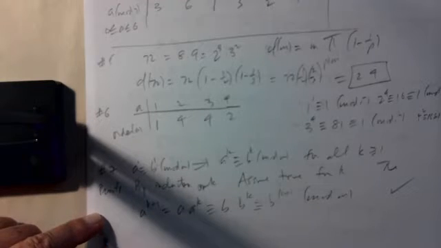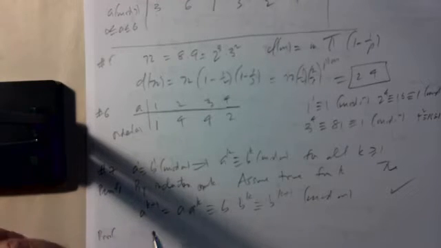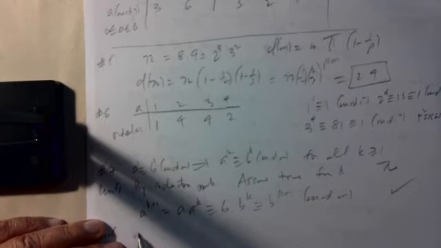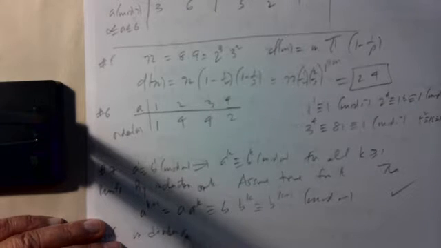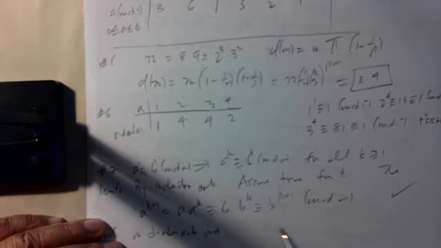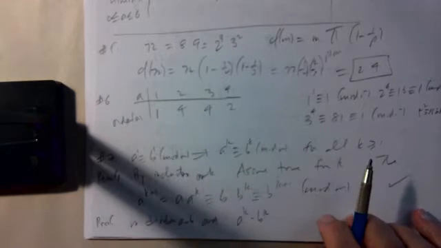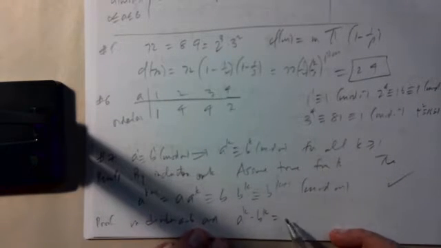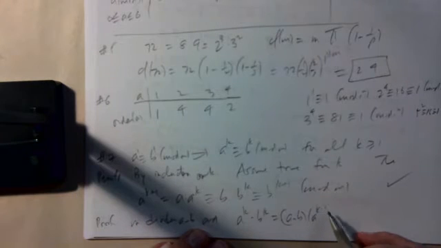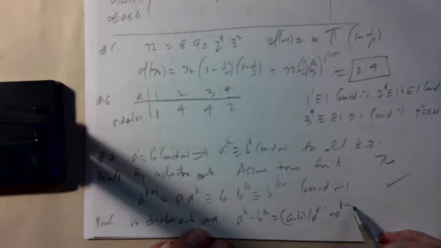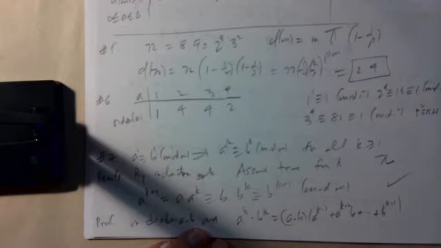And another proof just from high school algebra is that A congruent to B mod M means M divides A minus B. And if you look at A to the K minus B to the K, you learned how to factor that, or you're supposed to. A minus B times A to the K minus 1 plus A to the K minus 2 B up to B to the K minus 1. This is an integer.